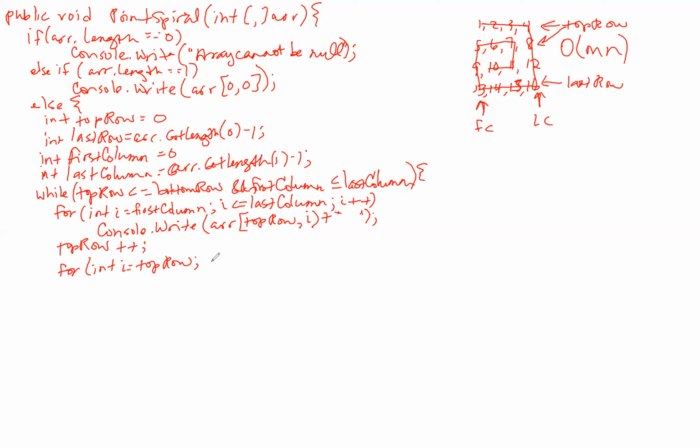And then we do while i is less than or equal to the last row, i plus plus, and we just do console dot write, and we're going to do i, because now the rows are what is changing, at last column.